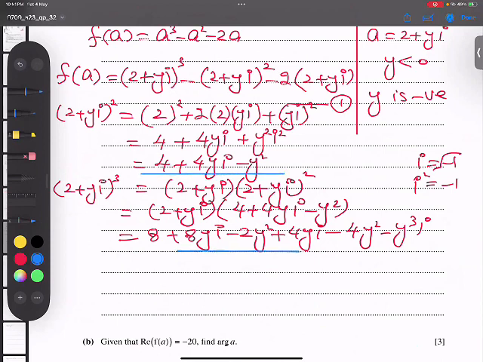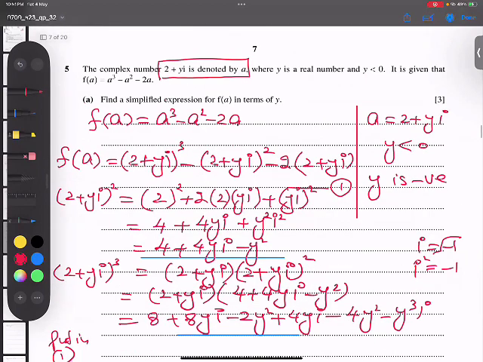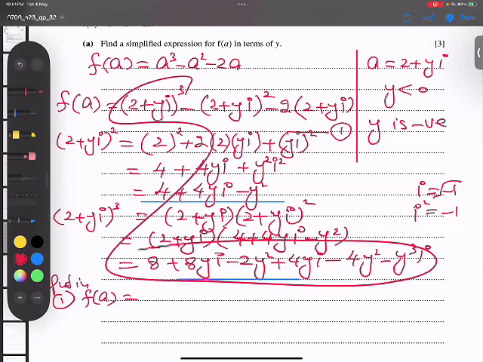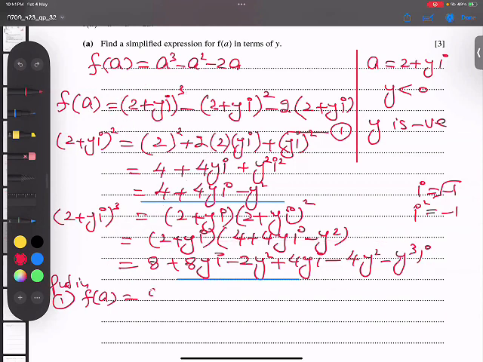Now, students, I'm plugging into equation 1. So on the left-hand side, students, I have f of A. This cubic value is the whole thing. 8 alone, no problem. 8y and 4y, I got 12y iota. -4, -2, I got -6y square. And -y cube iota is coming from here.